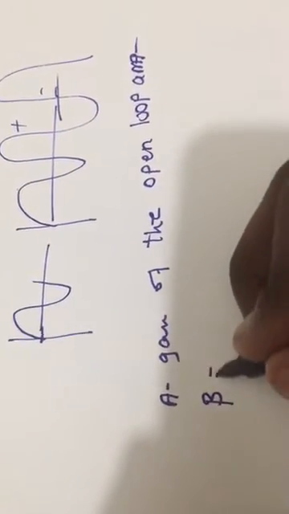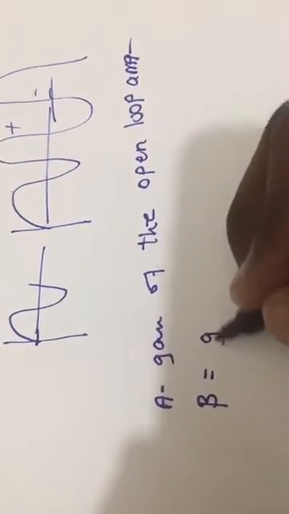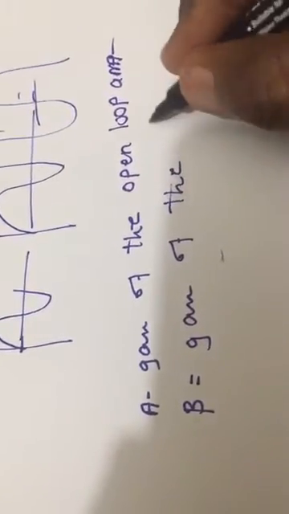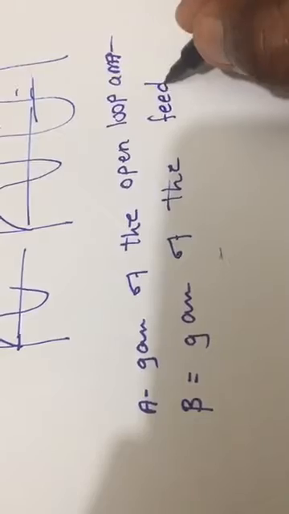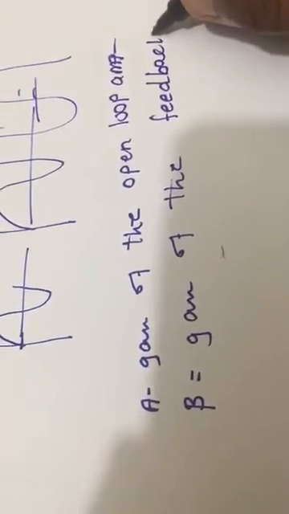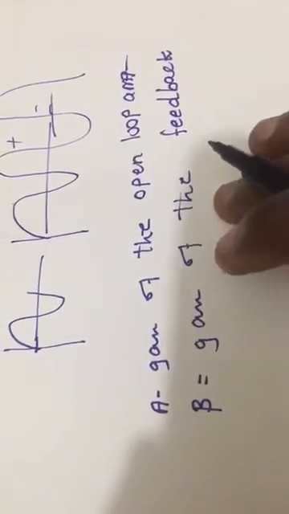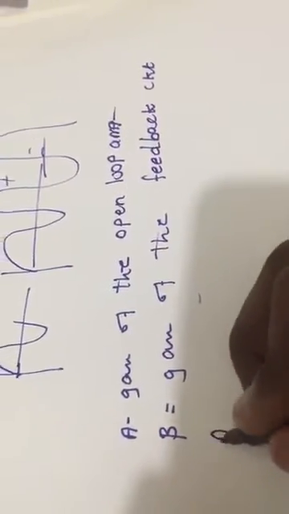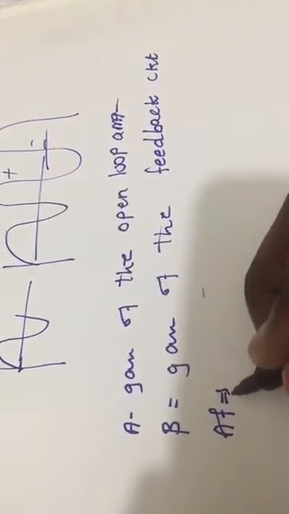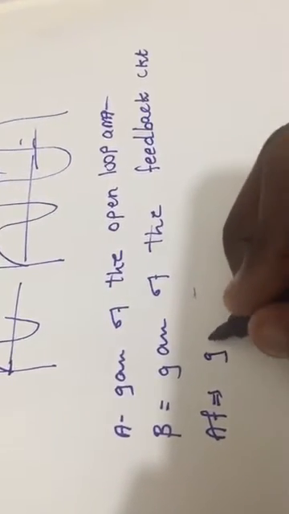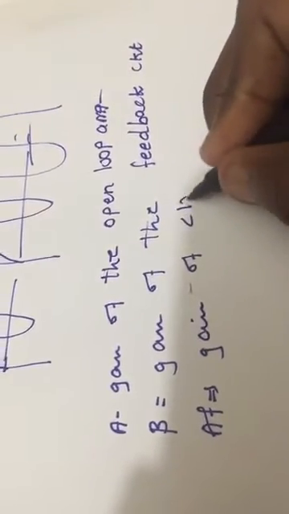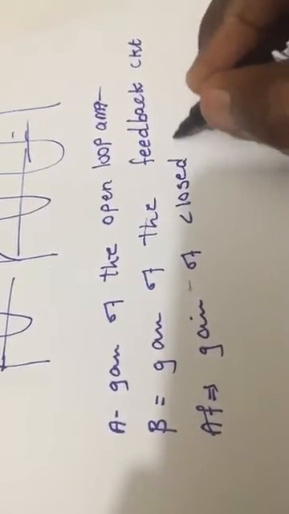Whenever you see beta, it stands for the gain of the feedback circuit. And the last one is AF. Whenever you see AF, it stands for the gain of the closed loop amplifier.